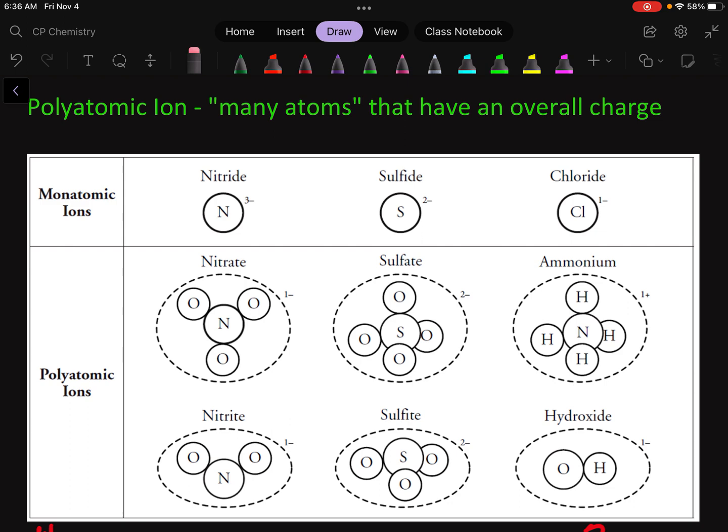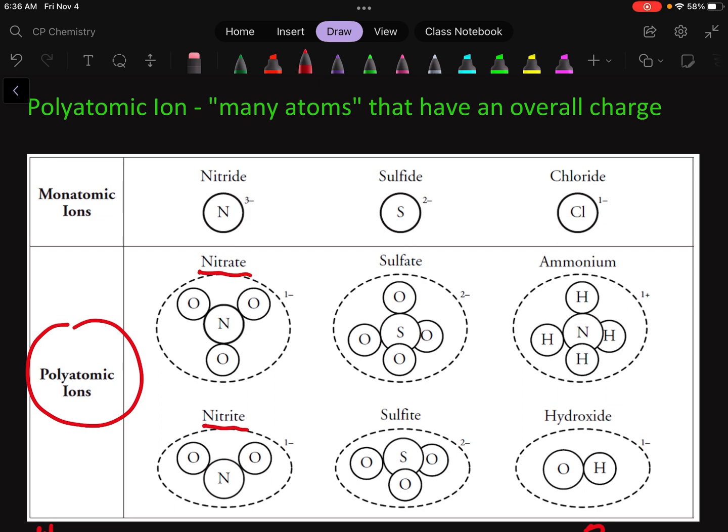All right, and then below the monatomic ions are the polyatomic ions, and you can see the difference. The first 2 are nitrate and nitrite, and you can usually tell if it's a polyatomic ion just by the ate and the ite ending. There are some other endings that are used, but for the most part, ates and ites are polyatomic.